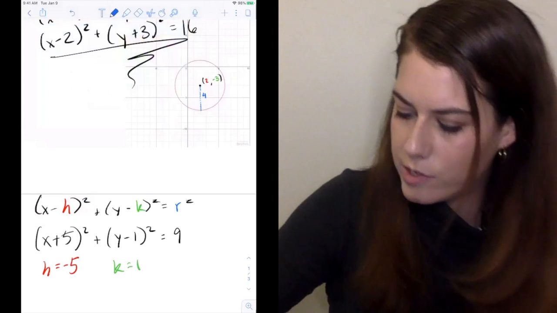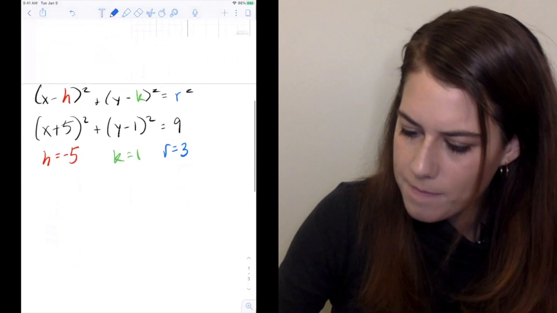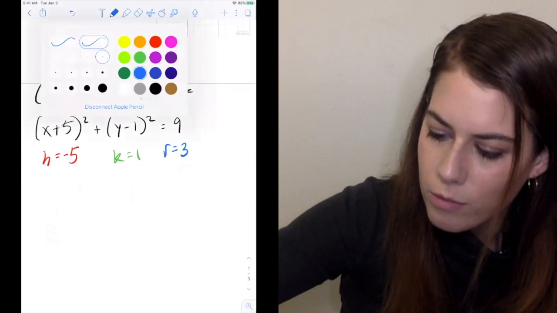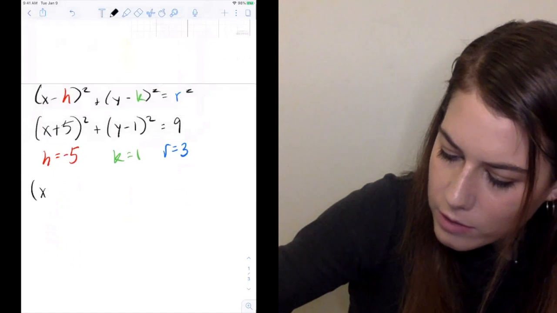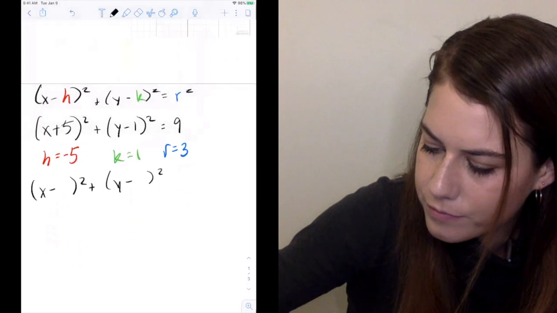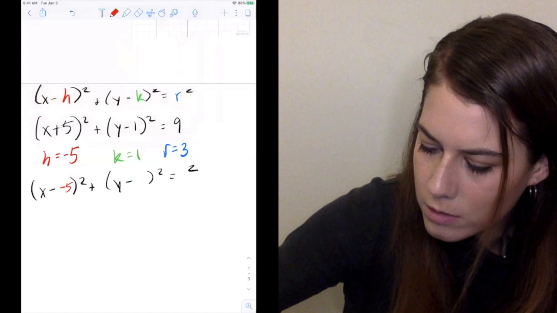The square root of 9 is 3. So I think that's it. I'm going to plug everything back in and make sure I get what I was given before. Again with the color coding. It's a good habit to be in, y'all, I promise.